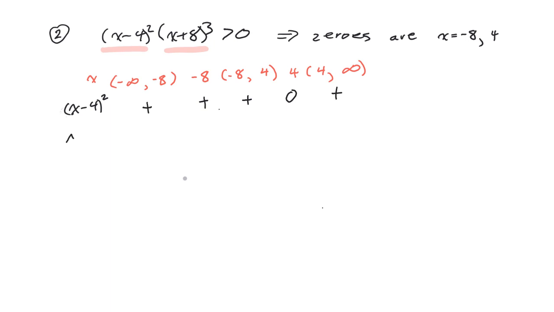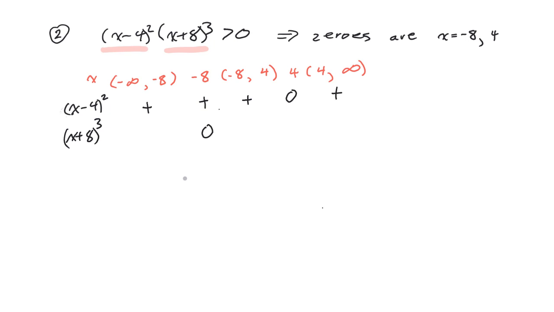So now for x plus 8 cubed, you know that x plus 8 cubed is 0 at negative 8. Now, we have to figure out what happens to our cubic function.